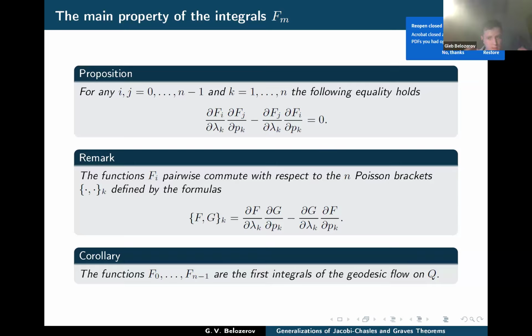But if we consider the intersection of several confocal quadrics, we need to fix some elliptic coordinates. For example, if we consider geodesic flow on an ellipsoid, we need to fix the first elliptic coordinate. If we consider the geodesic flow on the intersection of k confocal quadrics, we need to fix k elliptic coordinates.